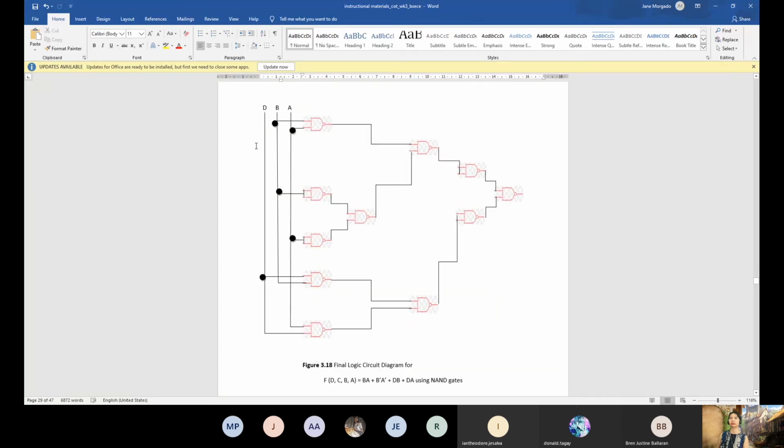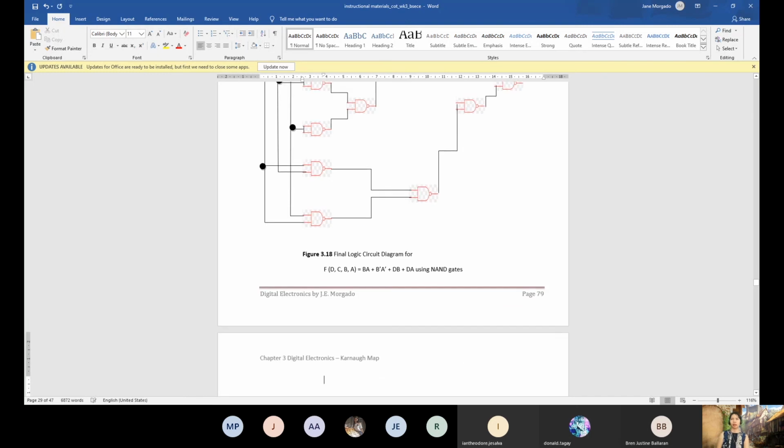As you can see, we have implemented the circuit using NAND gates only. We have 1, 2, 3, 4, 5, 6, 7, 8, 9, 10, 11. So you need 11 gates. How many gates in an IC from chapter 2?